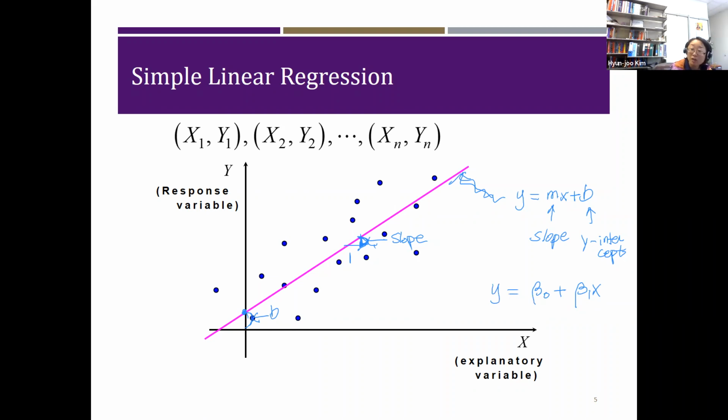That will be our model. And obviously, to explain every single data point, we also need to think about random error, which we call epsilon. So we're going to use this as our model.